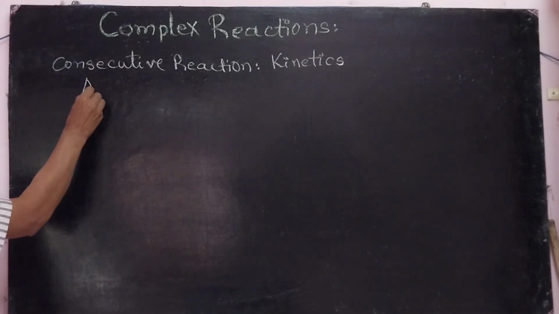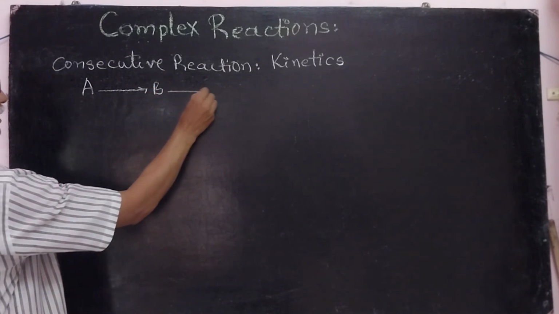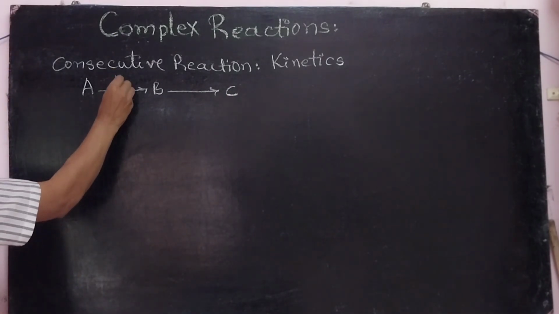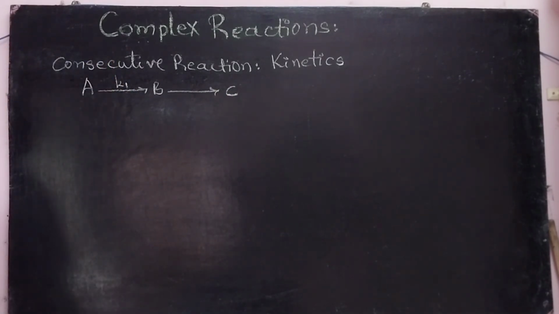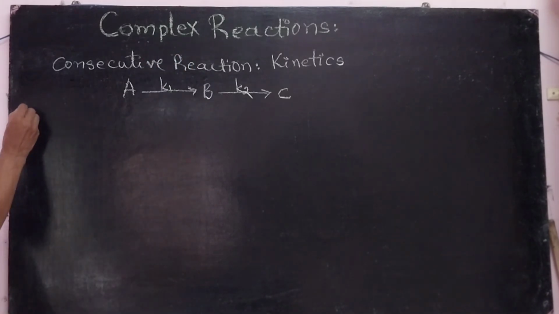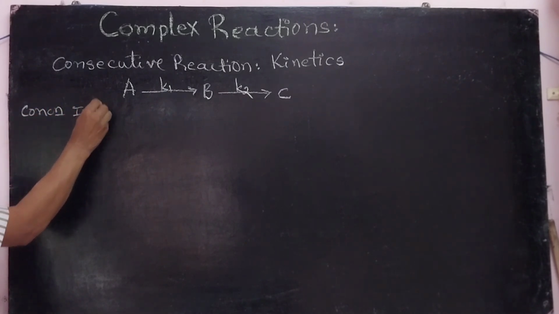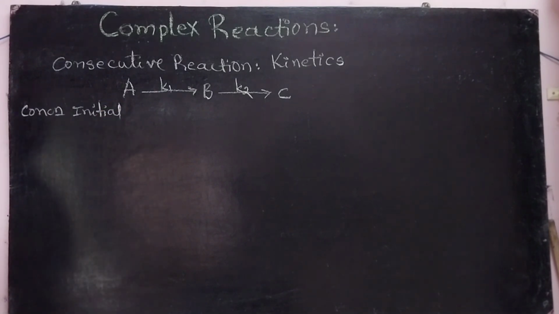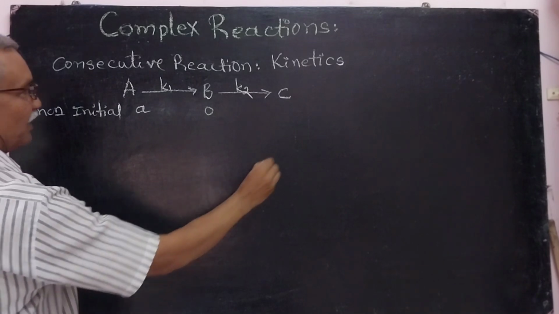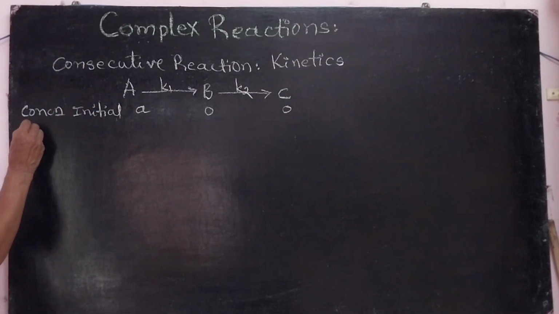Suppose A is a reactant which gives B, an intermediate, B gives C which is the final product, and K1 is the rate constant of the first stage, K2 is the rate constant of the second stage. Suppose the initial concentration of A is A and the initial concentration of B is 0, the concentration of C is also 0 initially.